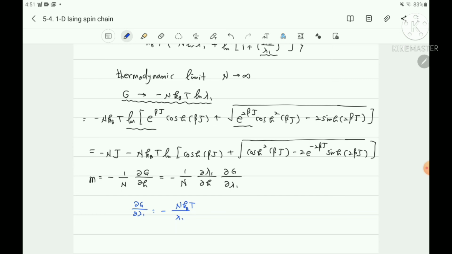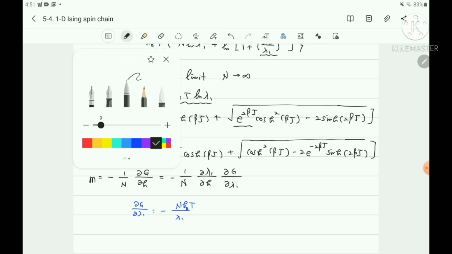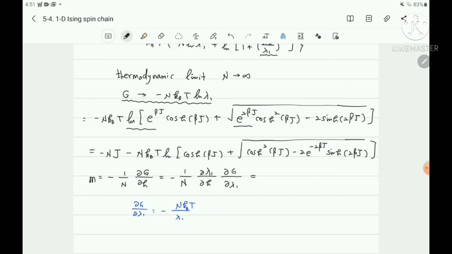Therefore it is kBT over lambda 1, and then they cancel with each other, and partial lambda 1 over partial h.